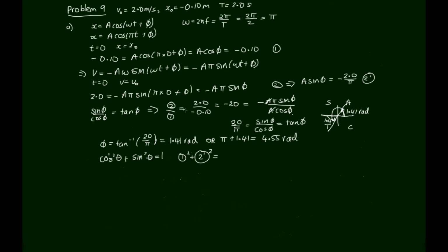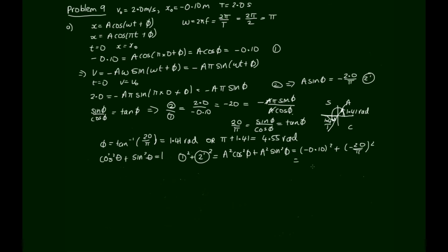gives us 1 squared, that's a squared cos squared phi, plus 2 dash squared, which is a squared sine squared phi, is equal to minus 0.10 squared plus minus 2.0 on pi squared.